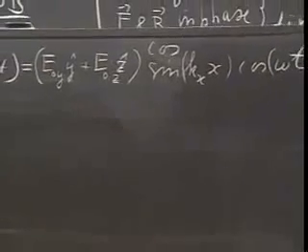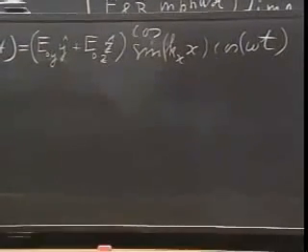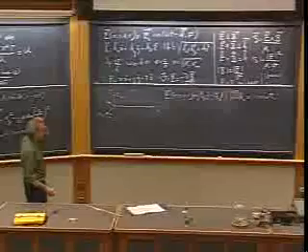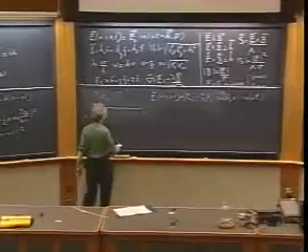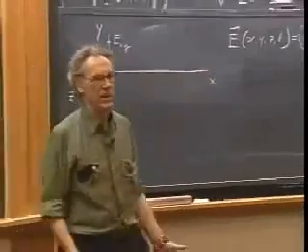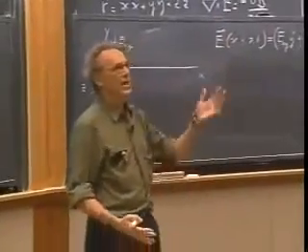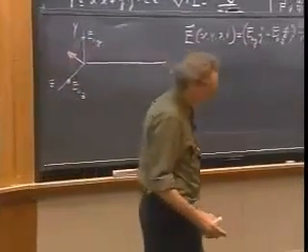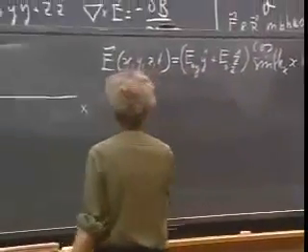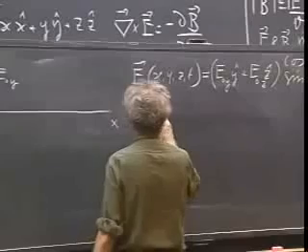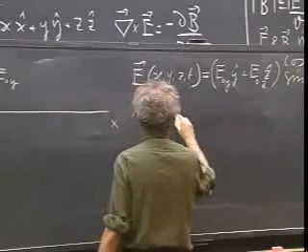There is no dependence of E on y and z, the plane waves. So if you take any plane perpendicular to x, infinite in size, independent of y and z, the E vector will be the same. And so therefore, k of y is 0, and k of z is also 0.